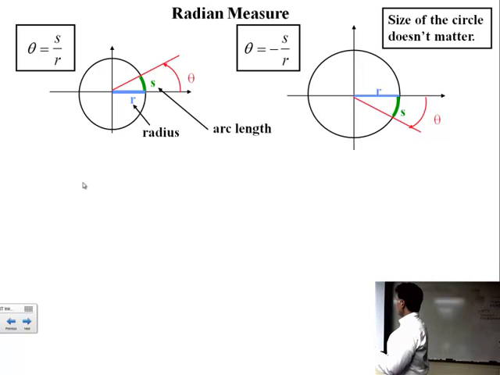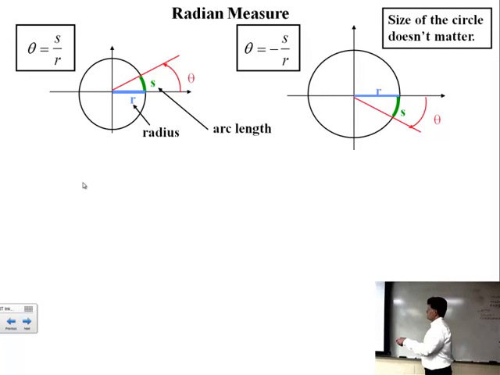We take the angle and we look at how much arc length on the circle is between the two sides. So we say this arc length is subtended by the two lines. We measure that length, we divide by the radius, and that gives us the angle.